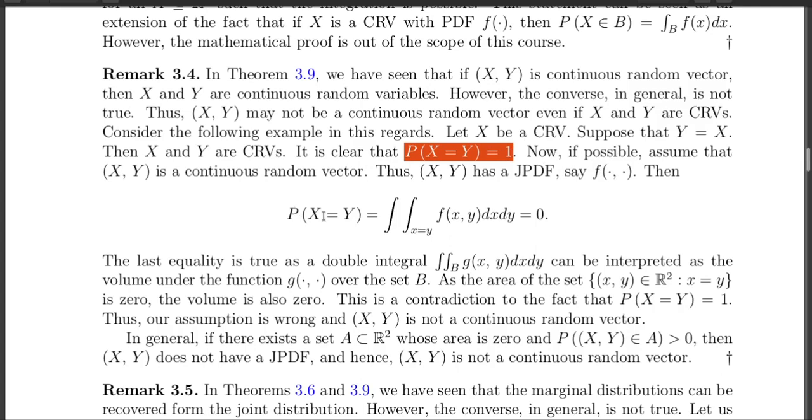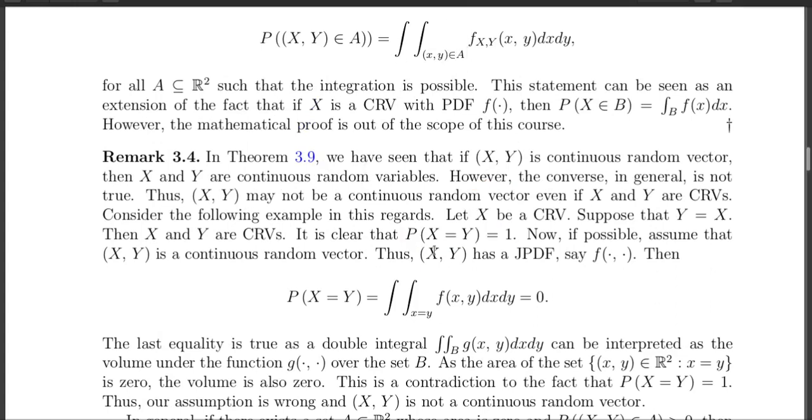Now if I try to find the probability that x equals y using the previous remark, this is nothing but the double integration of the joint density function over the set x equals y.